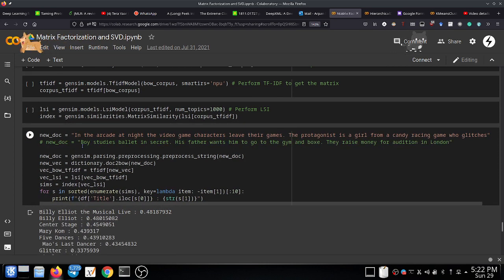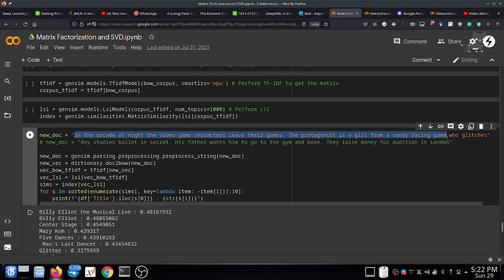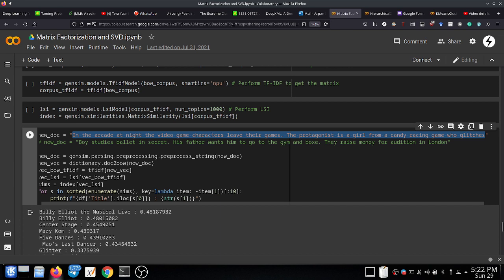So the idea is that given a sentence, we will be able to find, using LSI, what are the other closest movies to the current one.